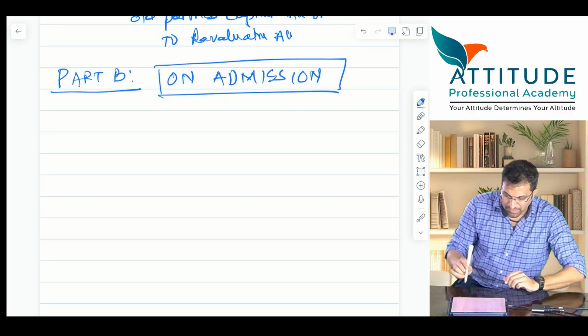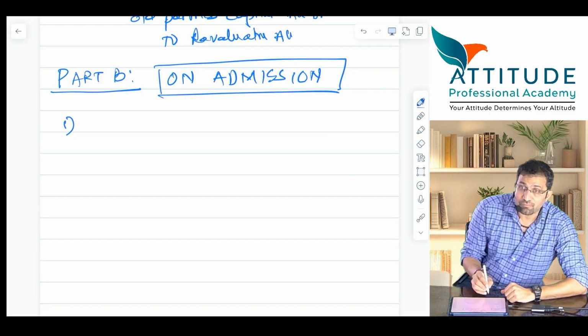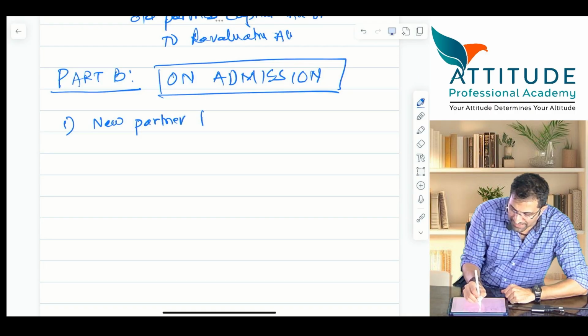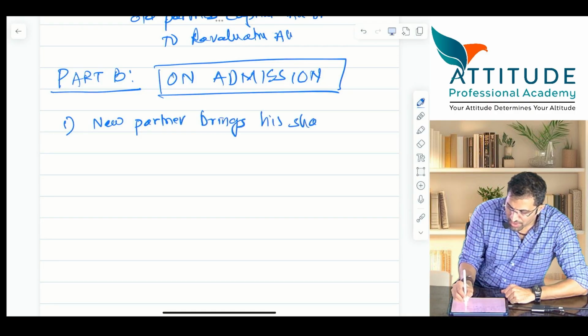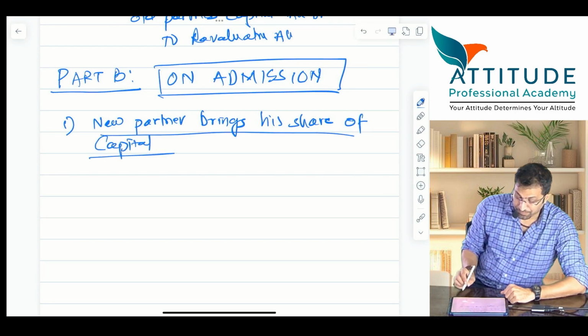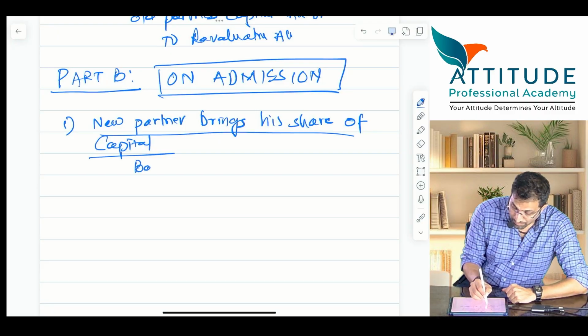Okay, so in admission, first, the new partner brings his share of capital. Entry: bank or cash account debit.